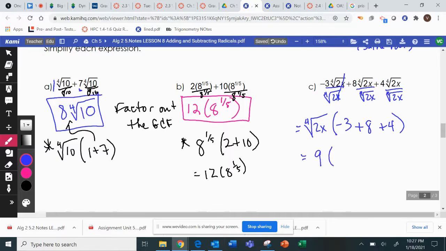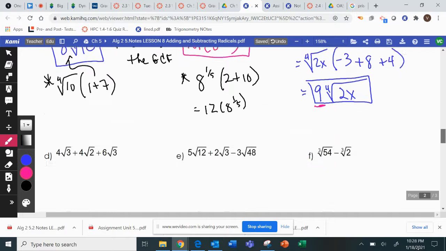And then I will still have that 4th root of 2x. So another way, you could just read it saying we've got -3 of these things plus 8 of the same things plus 4 more of that same thing. Total, we have 9 of that same thing.